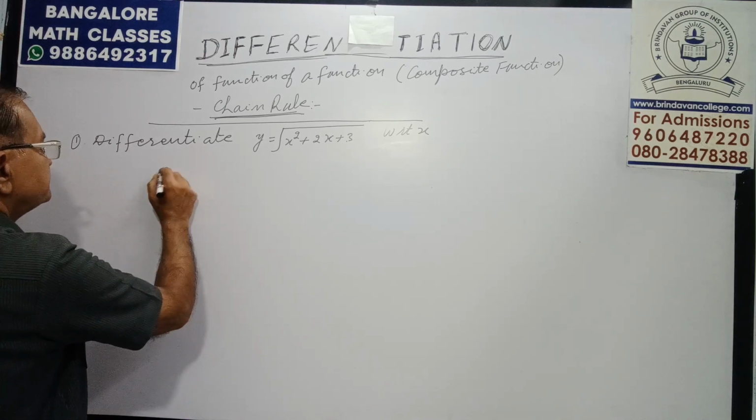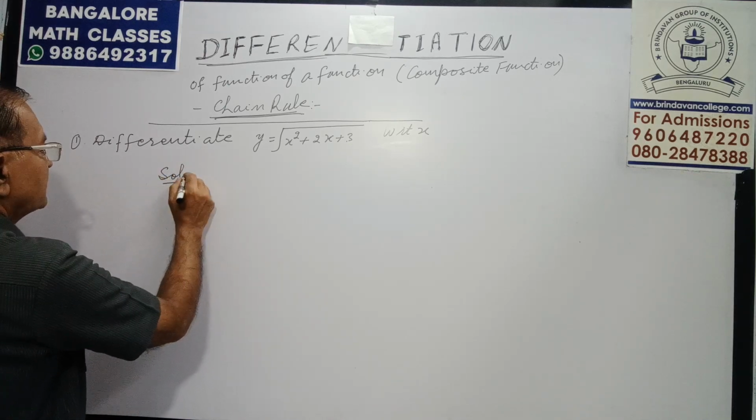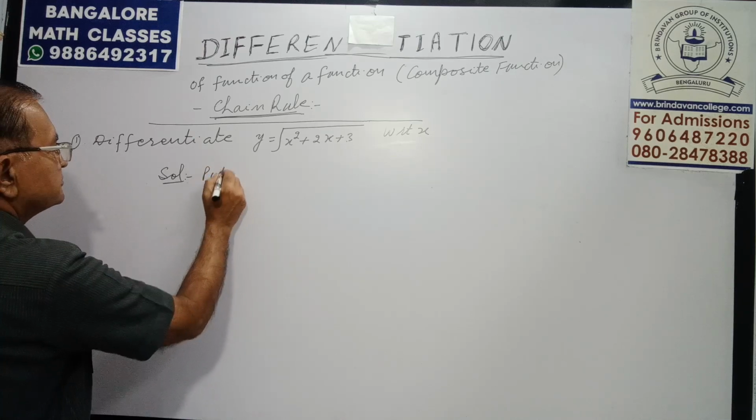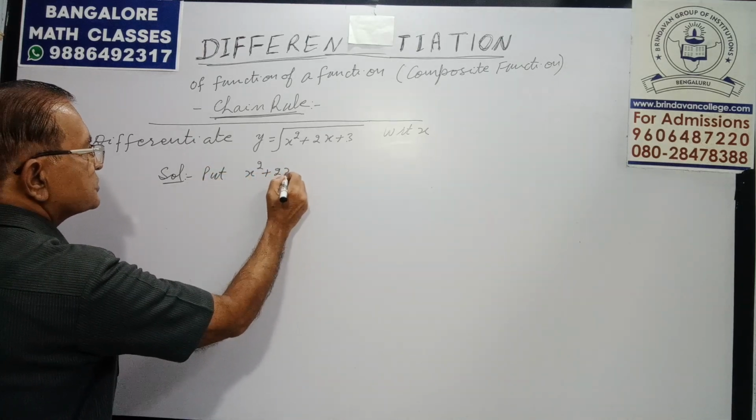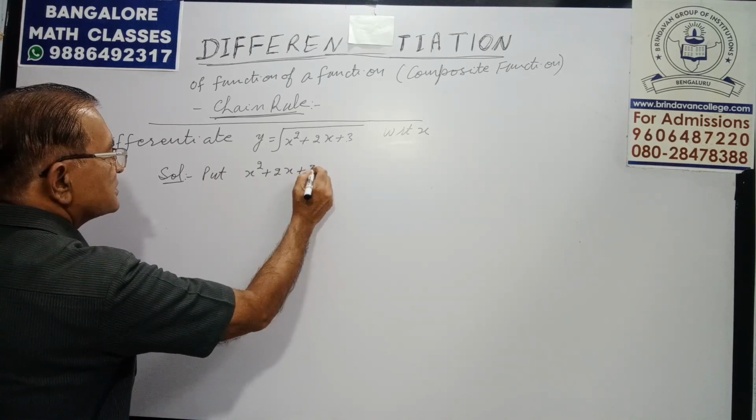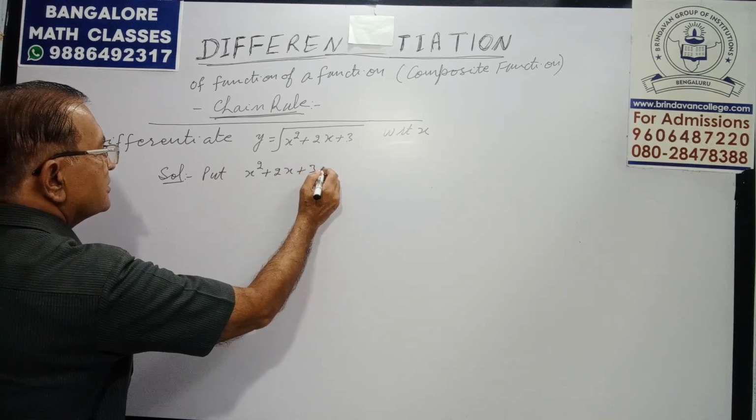One way is we will put x square plus 2x plus 3 as u.